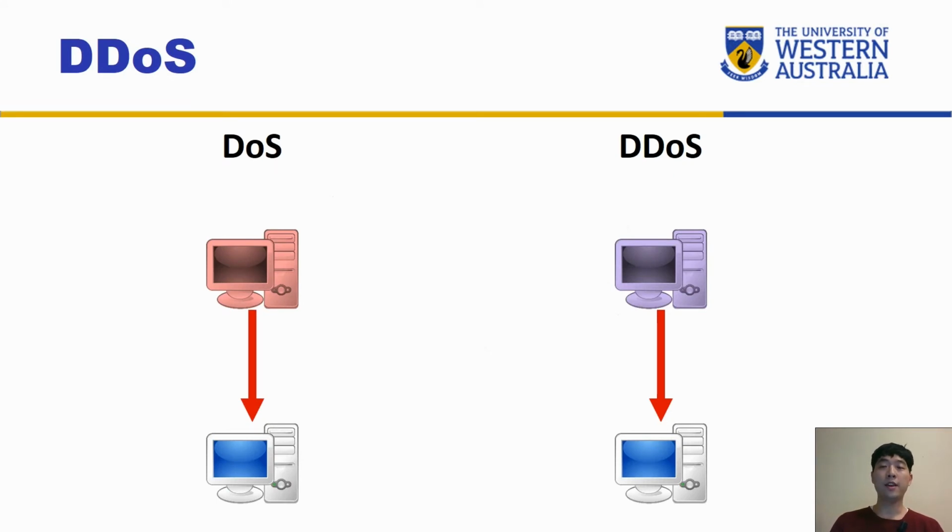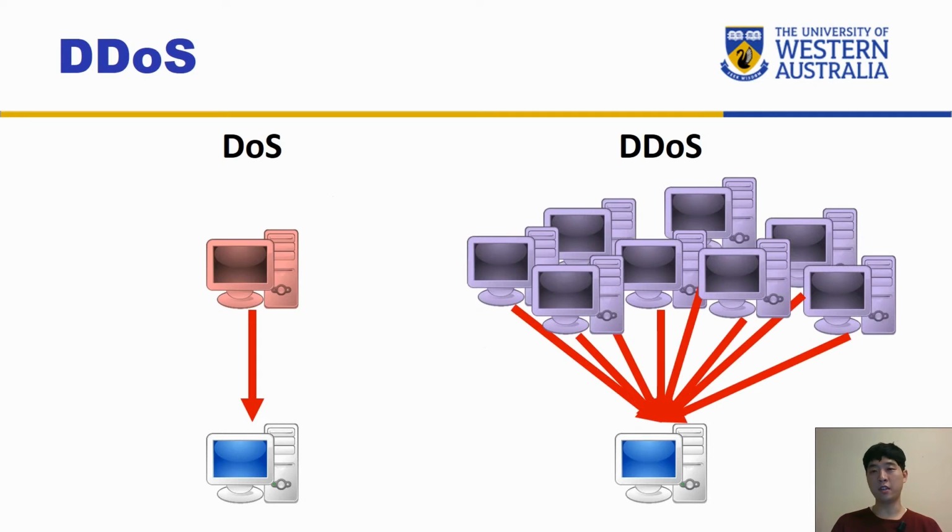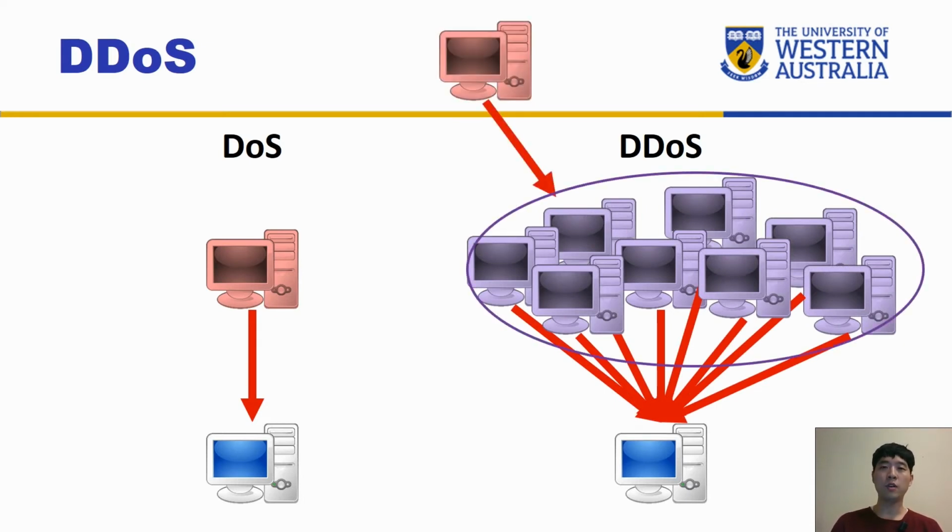So a DoS attack is slightly different to a DDoS attack. A DoS attack is where you have a single computer and you're flooding the target, whereas in a DDoS attack you have a lot of other computers and they're all attacking the same target. And usually you have a single master computer that controls those, and we usually call them zombie computers.